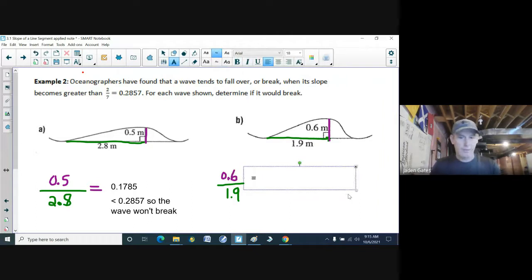Again, this is true stuff. I got this out of a science book. 0.6 divided by my 1.9. And this time I get 0.3157, which is greater than 0.2857. And so that means the wave will break.